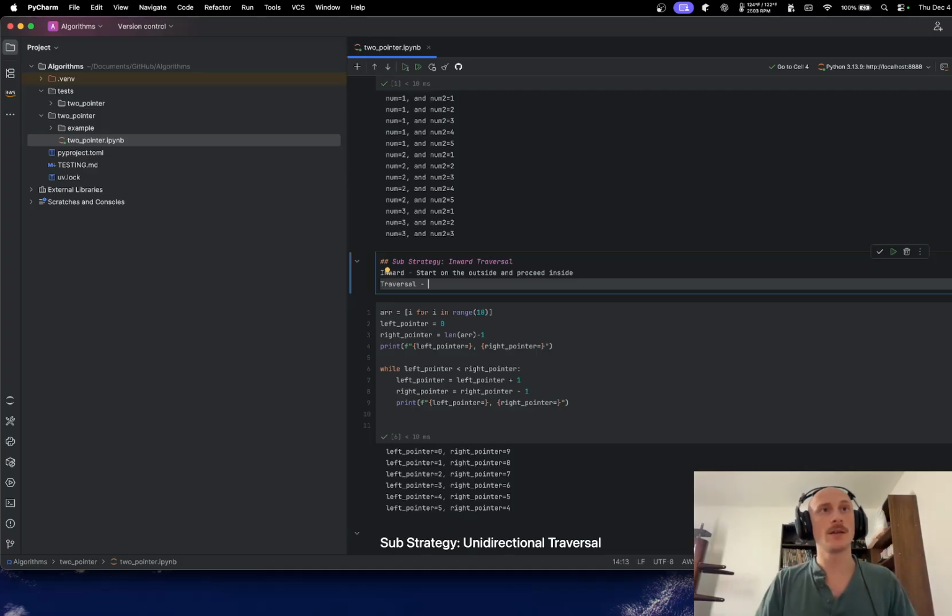So traversal: the process by which the inner traveler traverses or spans the entire structure. Good. So that's just a way to keep that in mind.